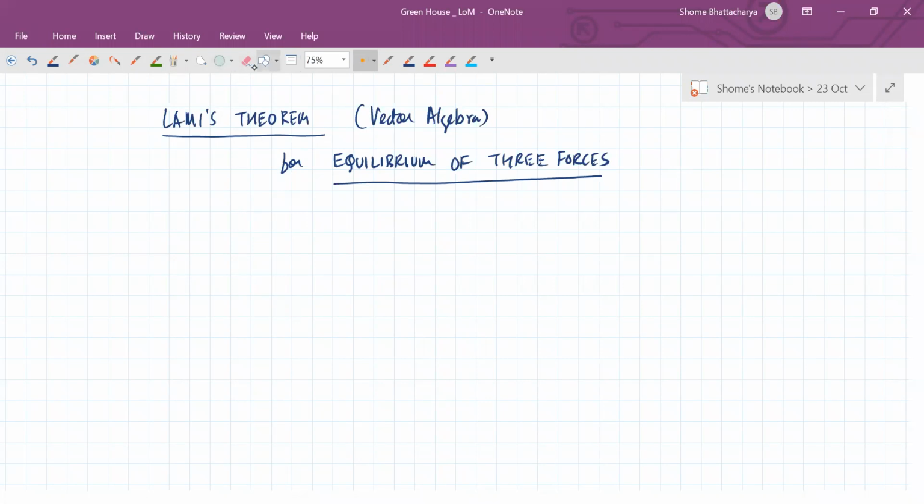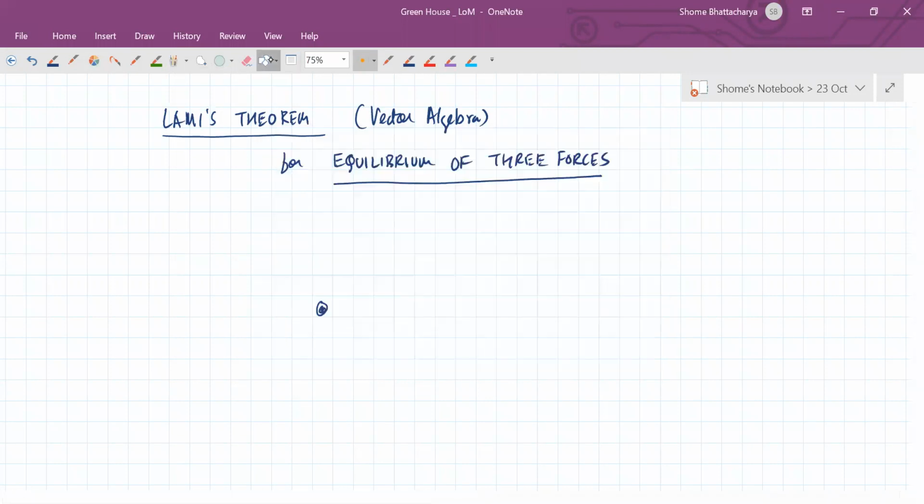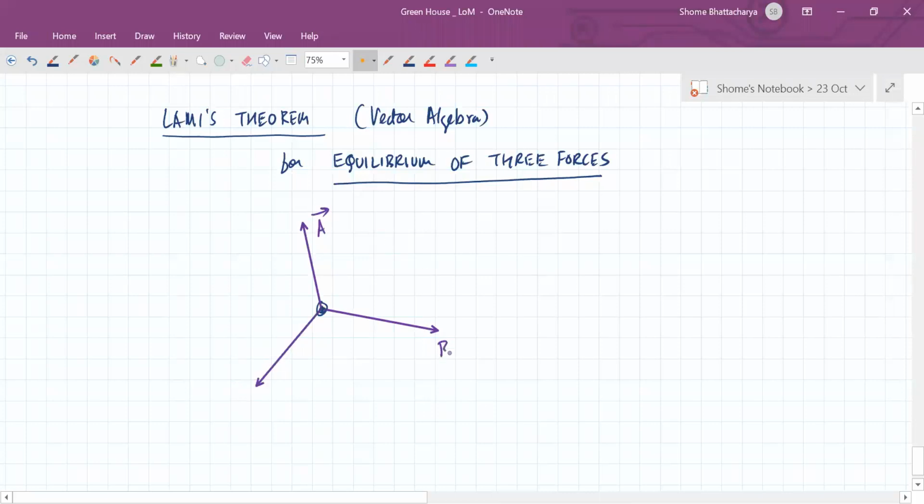So the theorem says that if a combination of three forces are acting on a particle, which we denote with these three vectors, like this, suppose. So this is one vector, this is another vector, this is another vector.